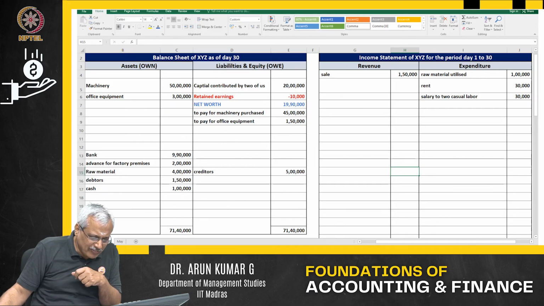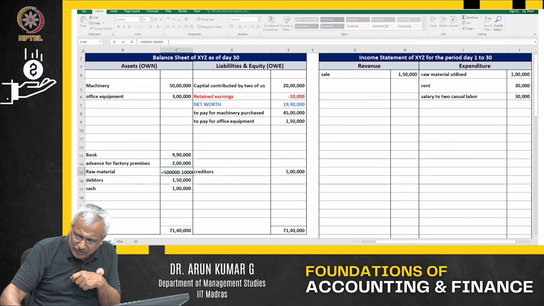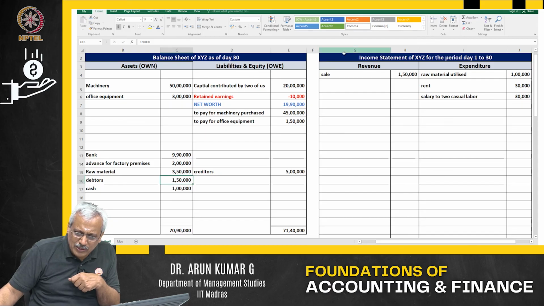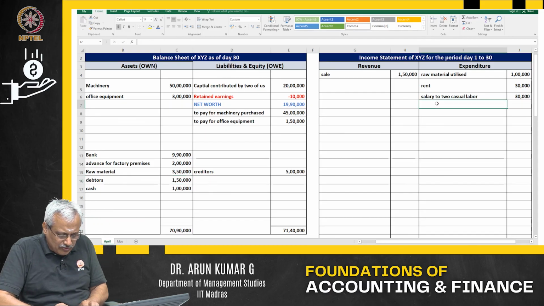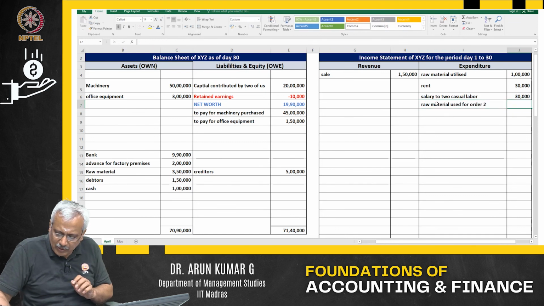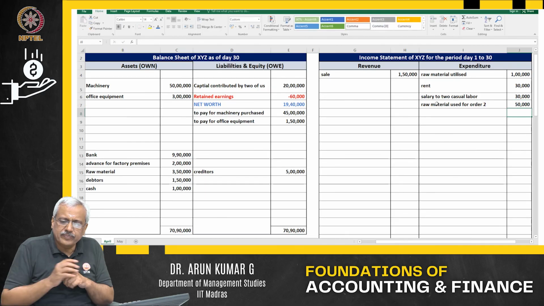The moment I use 50,000 worth of raw material, what happens to my asset? My asset is going down. I have utilized raw material for the second order. Order 2, how much? 50,000.